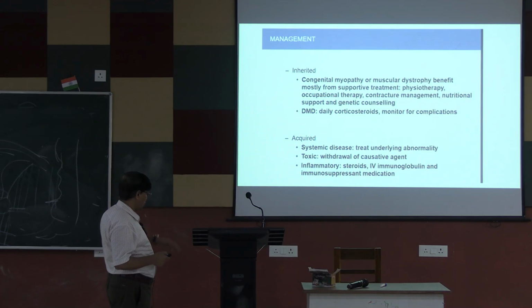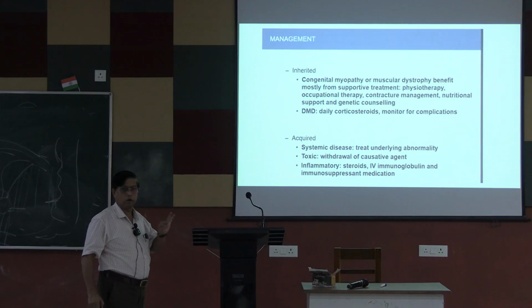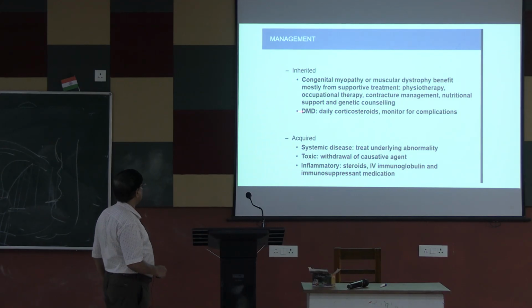Management. This is the last slide of this lesson. Inherited congenital myopathy and muscle dystrophy benefit mostly from supportive treatment, physiotherapy, occupational therapy, and contracture management. Duchenne muscular dystrophy, the DMD, is very important. Duchenne muscular dystrophy is responsive to corticosteroids. It is the commonest muscle disorder.